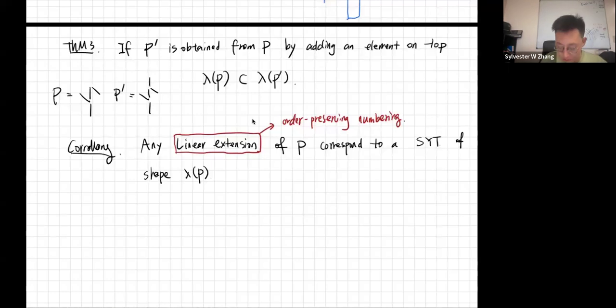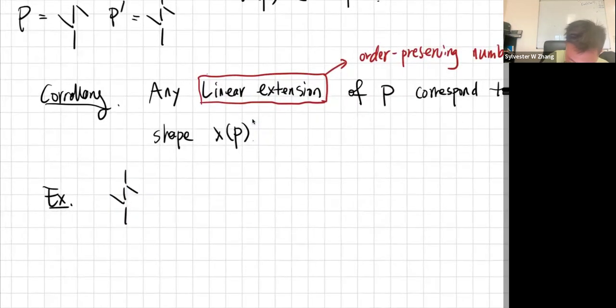And so here's how you do it. Let me do it by an example. If we take this poset here, a linear extension is an order preserving numbering.